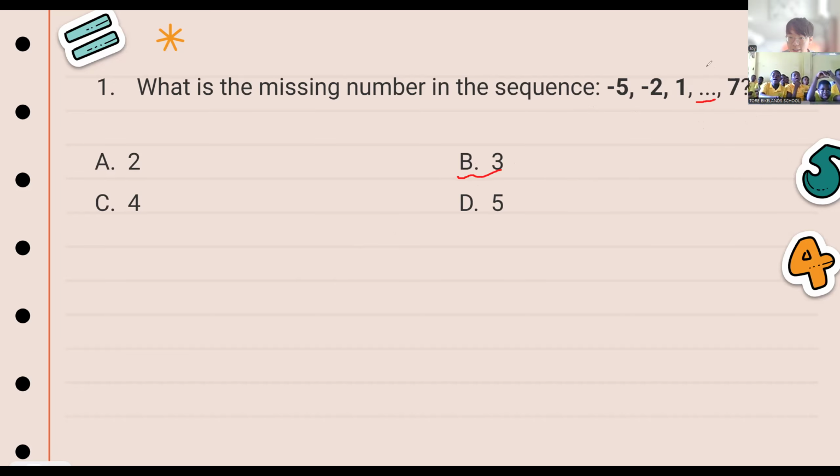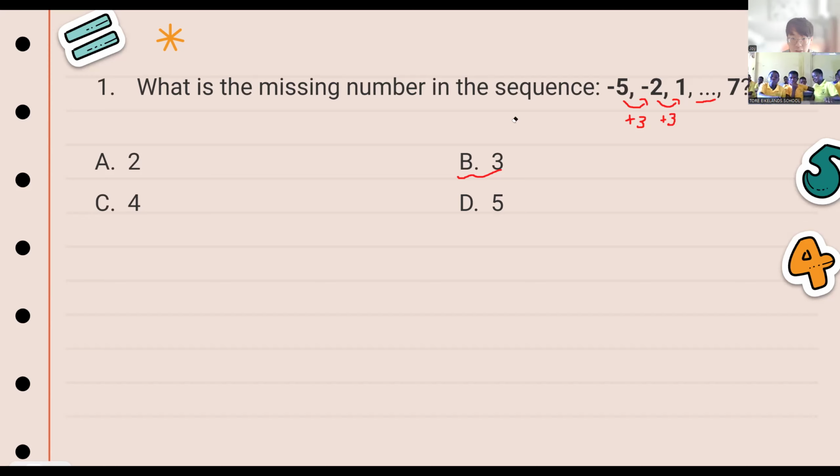Let's plug in 3. So -5 to -2 is plus 3, right? -2 to 1 is plus 3. So it's all going up by plus 3.